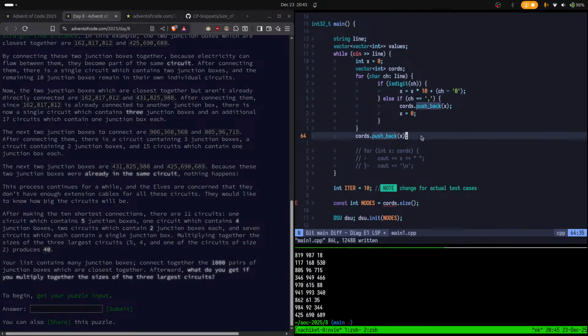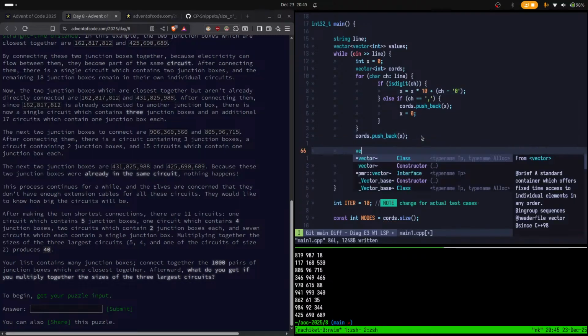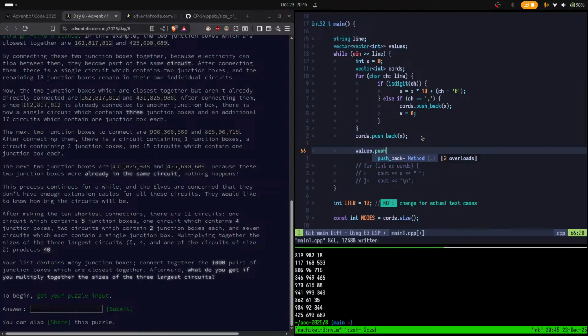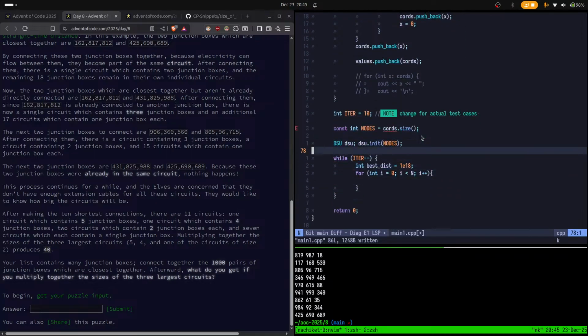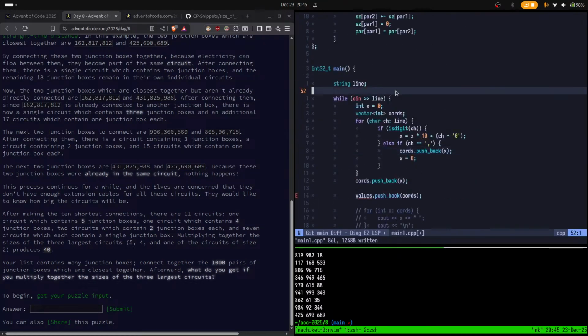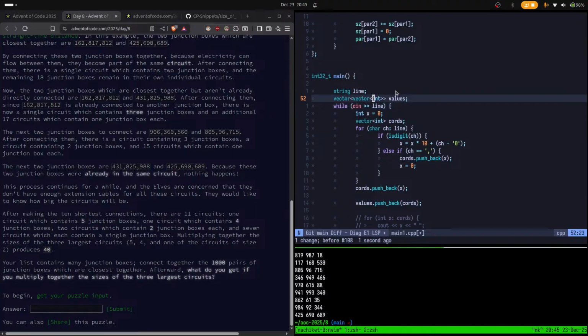Okay, I need to add the coordinates into the values vector. Values. I should store this as chords.